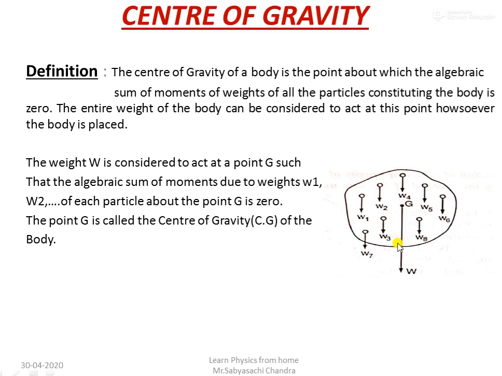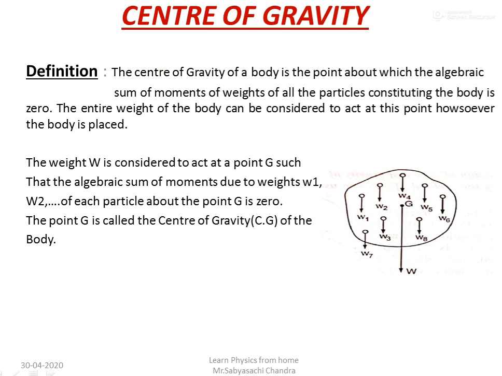All these parallel forces act in the same direction, that is, towards the center of the earth. And the single force W can be written as W equal to W1 plus W2 plus W3. That means W is the summation of all the forces.